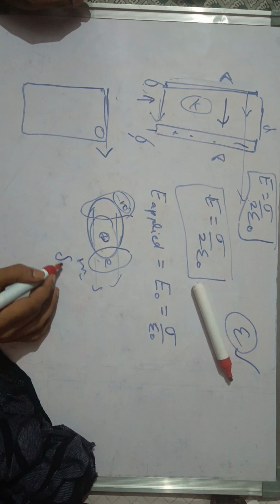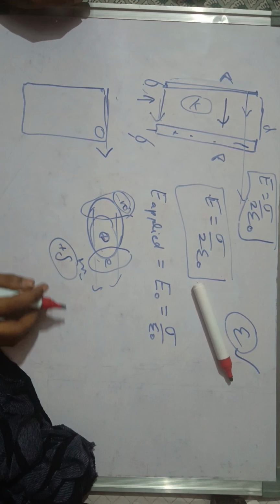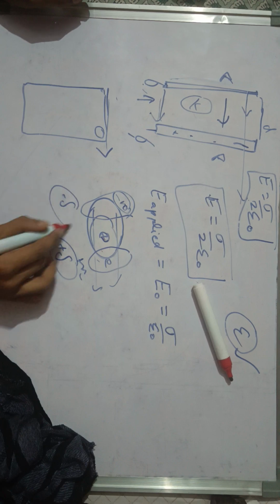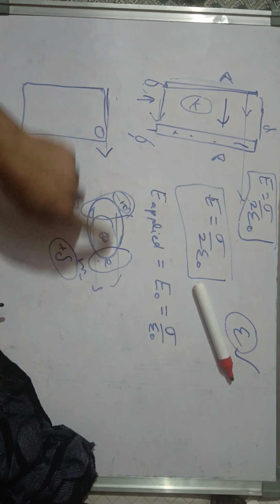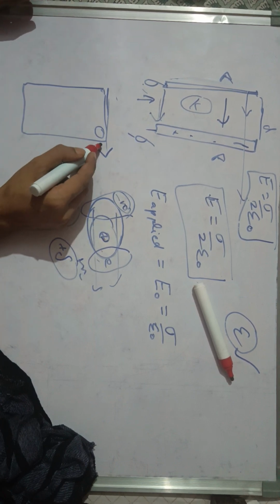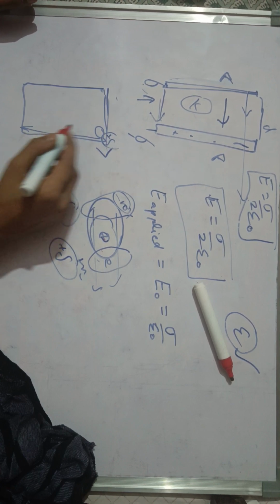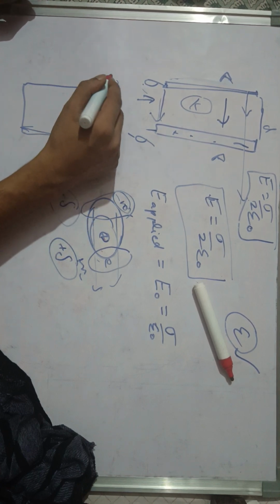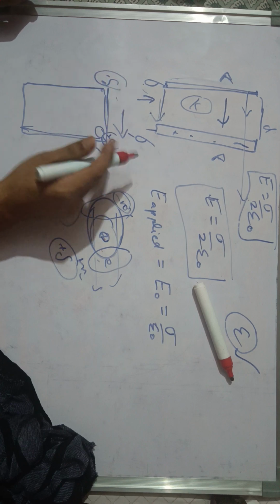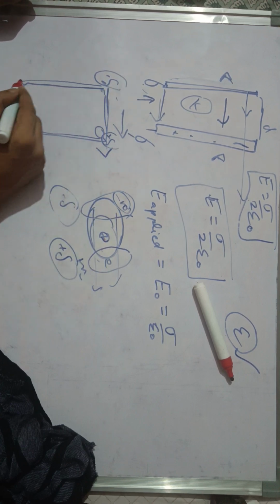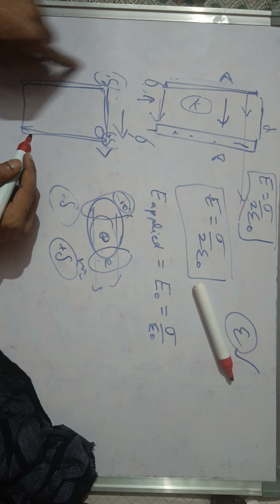We will write it as delta positive charge, and this is delta negative charge produced in this case. This delta positive charge is found at the surface, and since the electric field is pointing in this direction, the delta negative charge is found on this side.